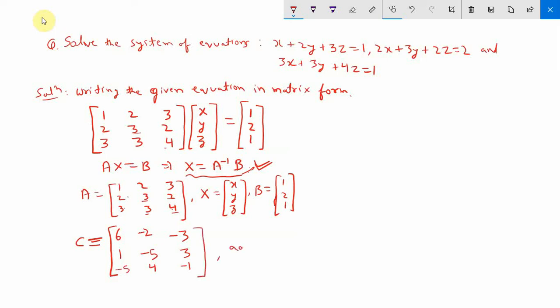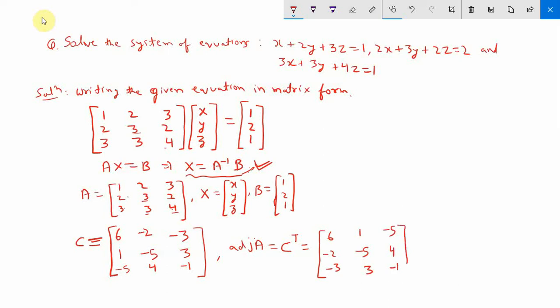Now we know the adjoint of matrix A will be given by the transpose of the matrix of cofactors, C transpose, which is equal to [6, minus 2, minus 3; 1, minus 5, 3; minus 5, 4, minus 1].